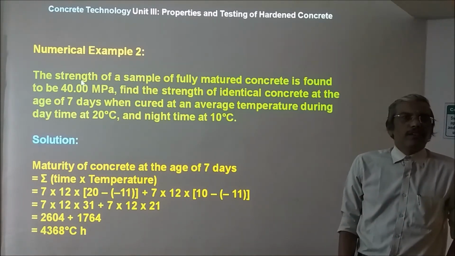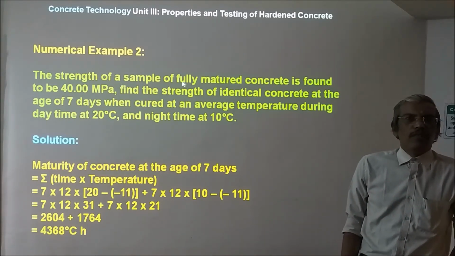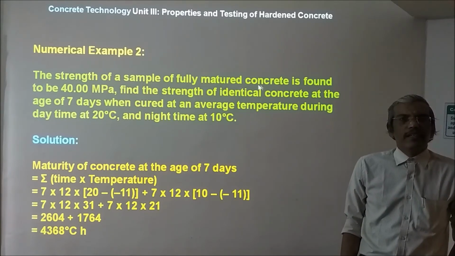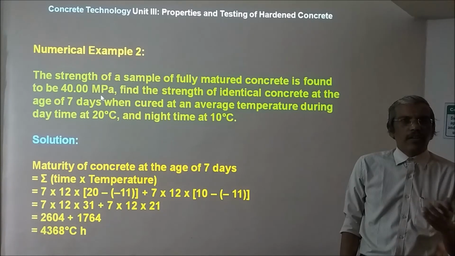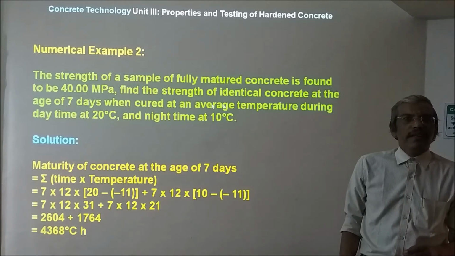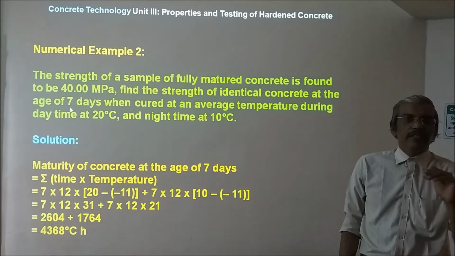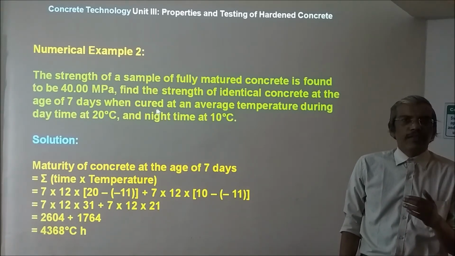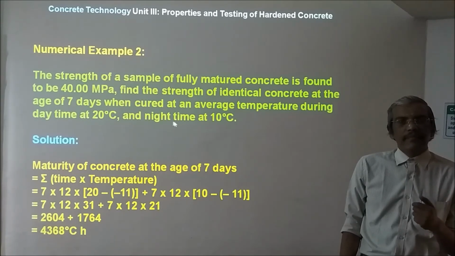The strength of a sample of fully matured concrete is found to be 40 megapascal or Newton per millimeter square. Find the strength of identical concrete at the age of 7 days when cured at an average temperature of 20 degrees centigrade during the daytime and 10 degrees centigrade at night time.